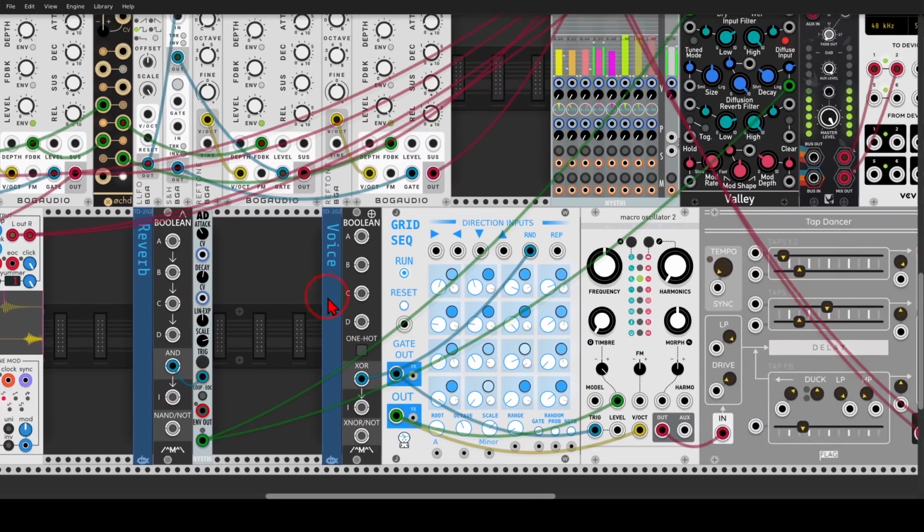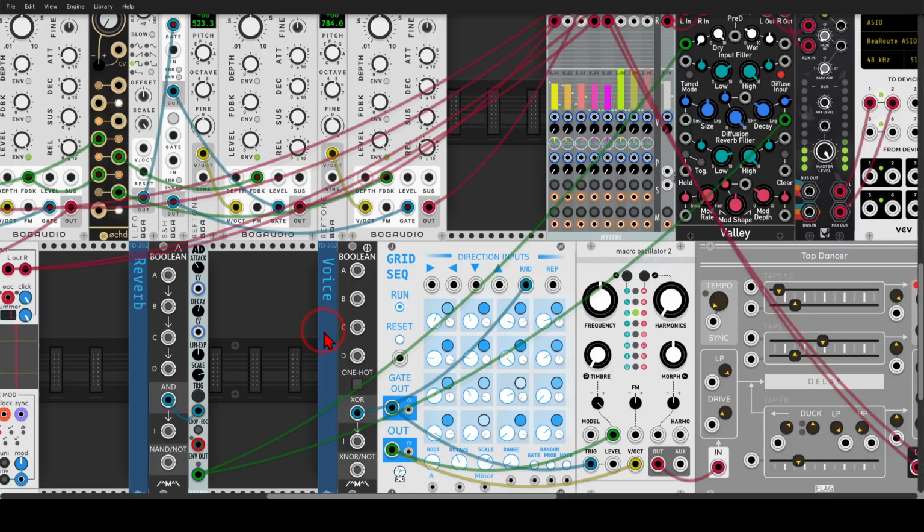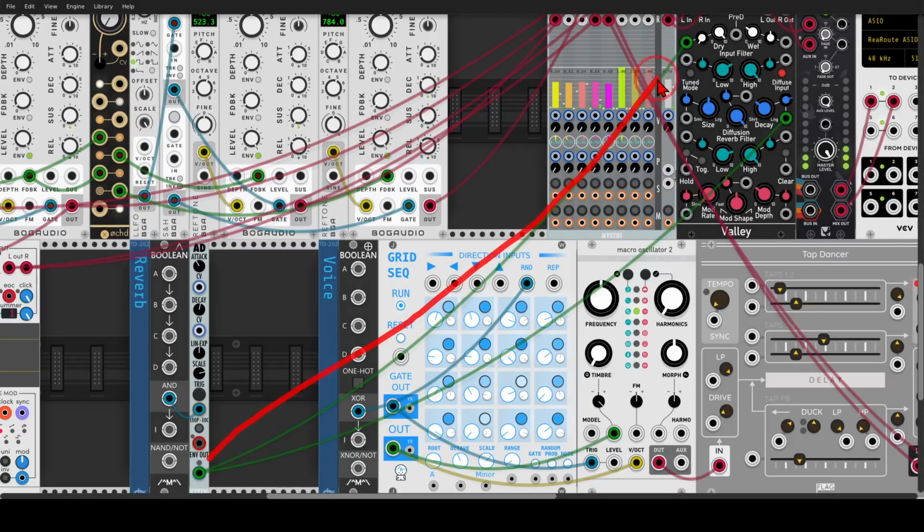And this envelope, if I go a bit here, you can see that once it will lower the dry of the reverb, at the same time it will increase the decay time of the reverb, so we get a nice long tail.